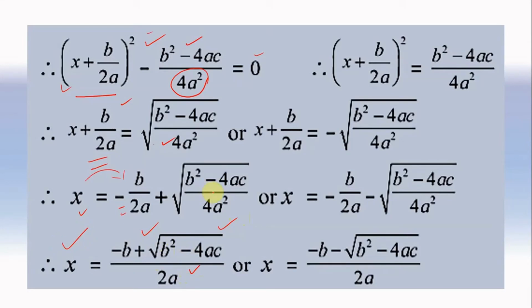At the same time, you should remember that the square of 4 is equal to 16, and the square of minus 4 is also equal to 16. That means the square root of 16 can be minus 4 or plus 4. The same way, it can be minus root of b square minus 4ac, or it can be plus root of b square minus 4ac.